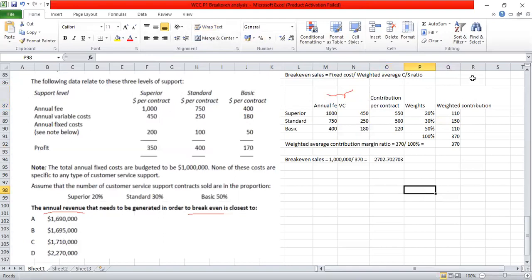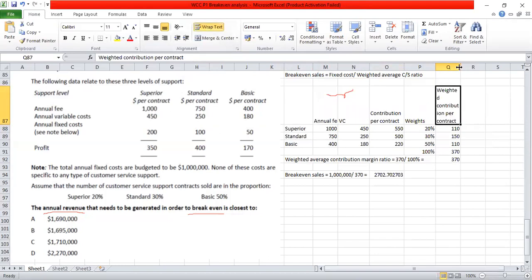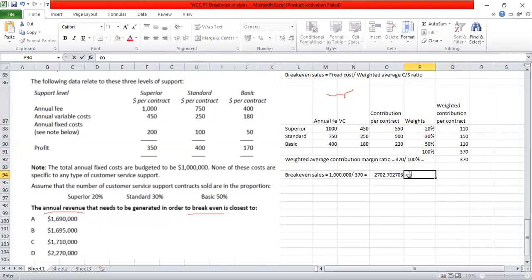Contribution per contract. So weighted average, weighted contribution per contract. These are not percentages. Weighted contribution per contract comes out to be, these are number of contracts. Proportions are 20, 30, 50.